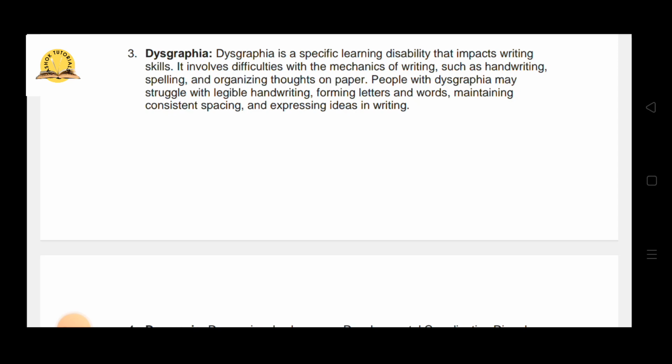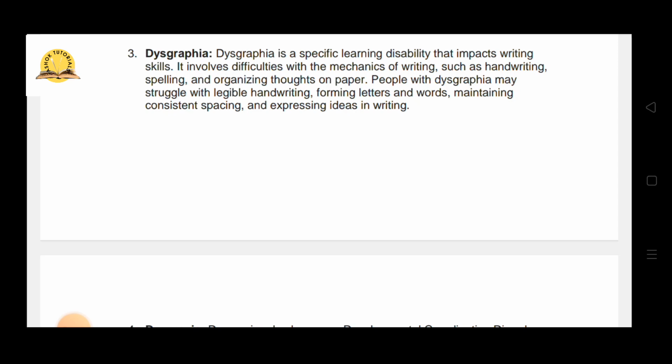People with dysgraphia may struggle with legible handwriting, forming letters and words, maintaining consistent spacing, and expressing ideas in writing. See, now again, don't think that because your handwriting is bad, or because you're not able to write legibly, you are suffering from dysgraphia. It is not so.